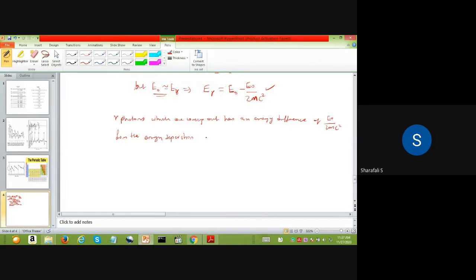We can say energy separation or energy level difference. I should say energy level difference. It is better.